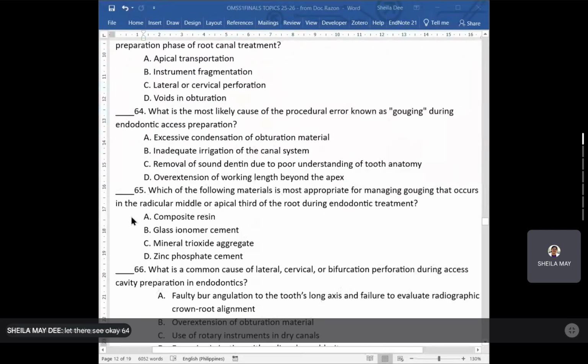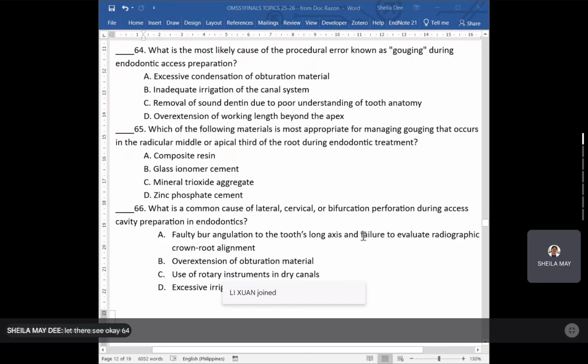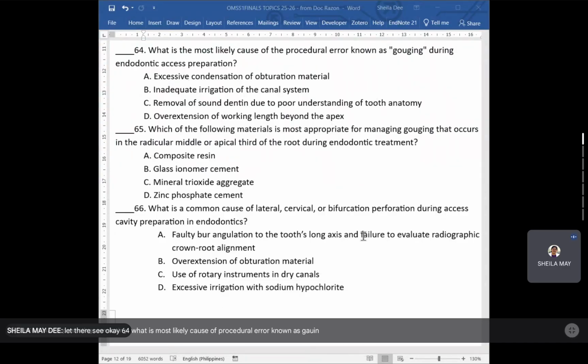Number 64. What is the most likely cause of procedural error known as gouging during endodontic access preparation? Gauging is different from gouging.